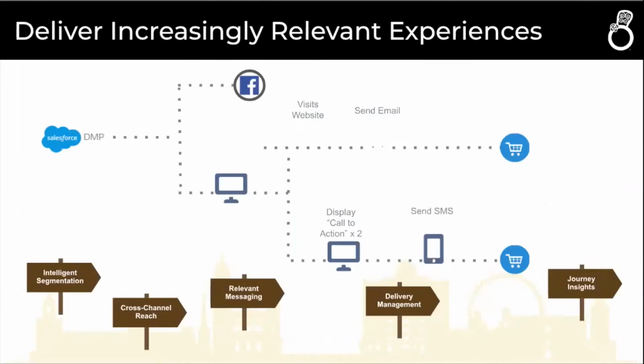Okay, so what I'm going to show you is that basically with Journey Builder, and I will show you this in a demo in a while, this connector has two different ways. The first is DMP to Marketing Cloud and Marketing Cloud to DMP.